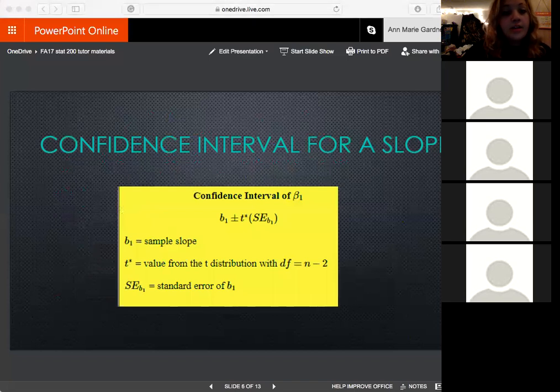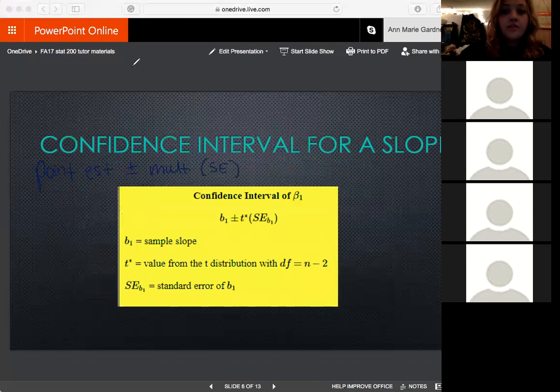Okay, so going back to confidence intervals, which we talked about pretty extensively, when we're talking about a slope, we do want to keep in mind what we are trying to find out here. So our slope is going to be our point estimate in this case, because if we remember, our confidence interval equation is our point estimate plus or minus our multiplier times our standard error or our standard deviation.